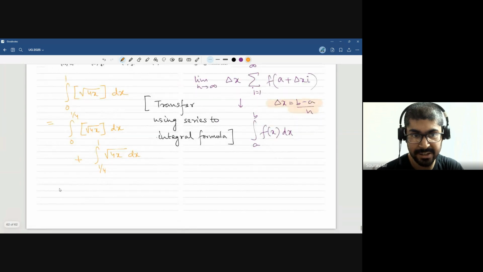So these are the integers. For the first part you will get 0, so 0 dx, and the integration of dx is just x. Technically everything is 0, but still the answer will be 0 into 1/4 minus 0 plus 1 into 1 minus 1/4. So this gives you 3/4, and that is the answer.